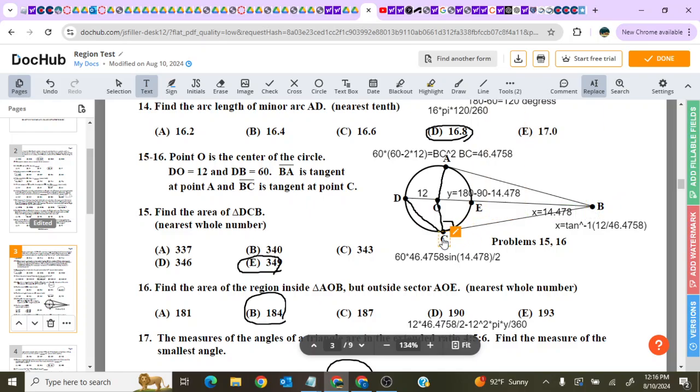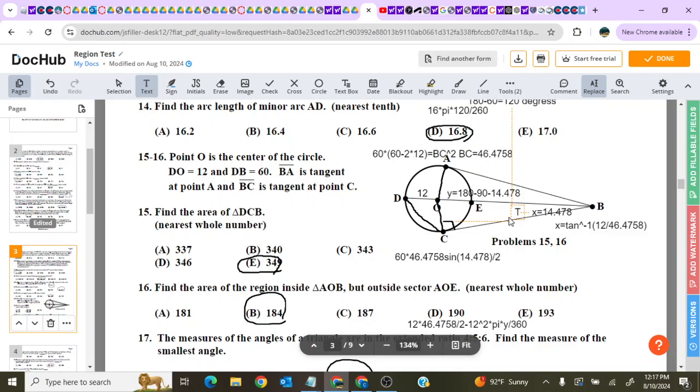So the outside portion of BC times the entire portion of BC, which is the exact same thing. As a result, the entire length of DB is 60, and the length of BE is 60 minus 2 times the radius of 12. So 36. So 60 times 36 is equal to BC squared, and you get a length of 46.4758.